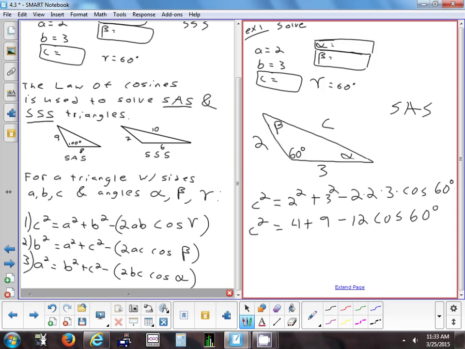You can't do that, any more than if you had 9 minus 12 times 5. If you're multiplying 12 by a number, you've got to do that before the subtraction. But yes, you could do the addition because that's separate and it won't affect anything else. So I'll do the 4 plus 9, and I'm going to do my multiplication, 12 cosine 60.